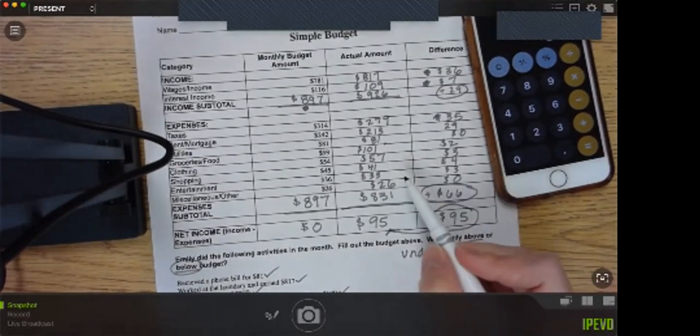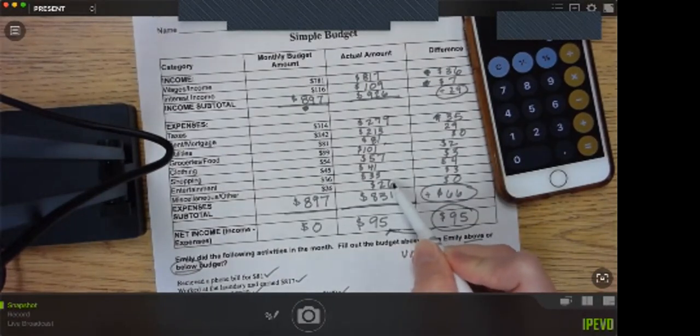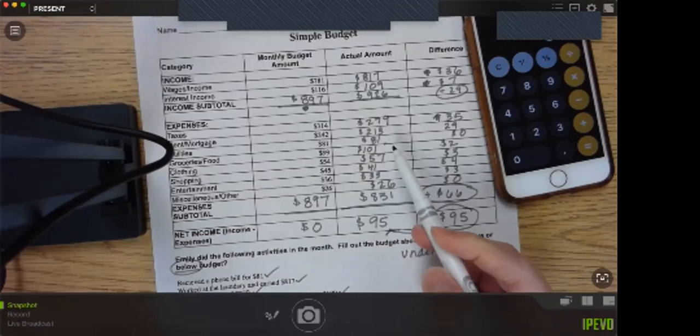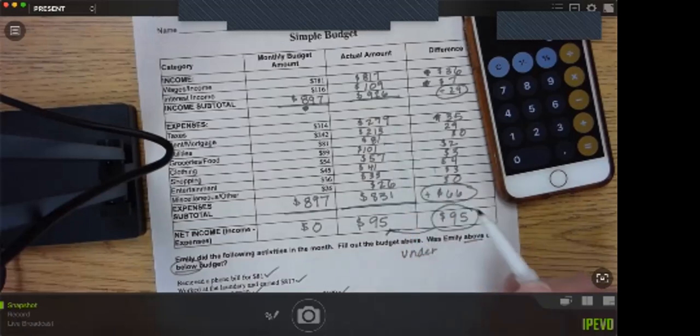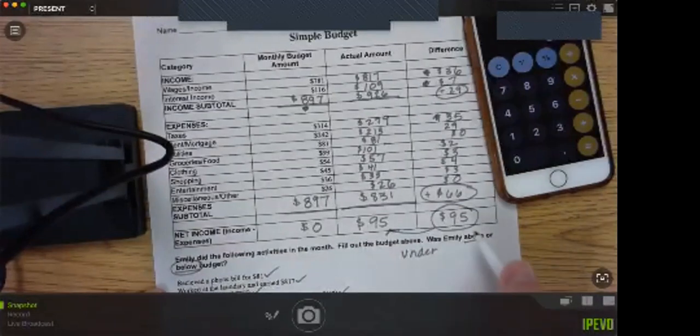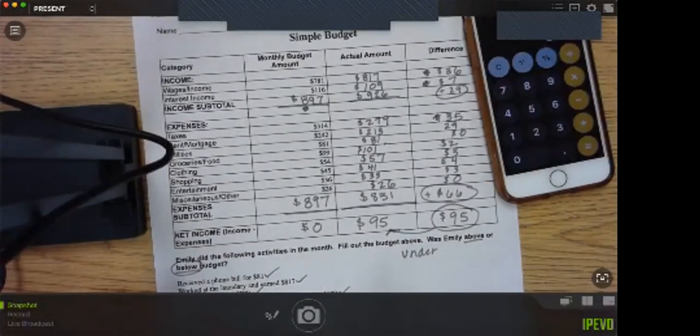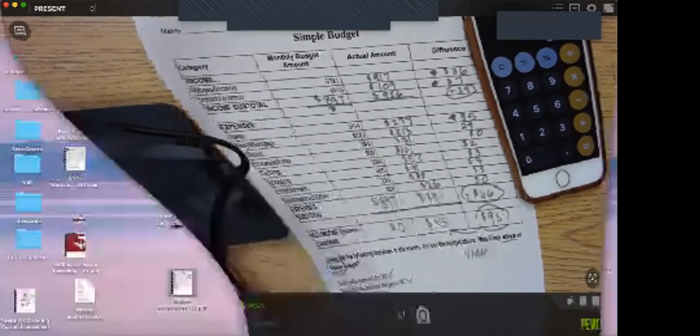She spent right on with her miscellaneous and her utilities and spent a little over, but she has $95 extra. So this is what you do is you take your budget, you take what money you have coming in and you account it, you allocate it for certain things, okay? All right, so that is that assignment.